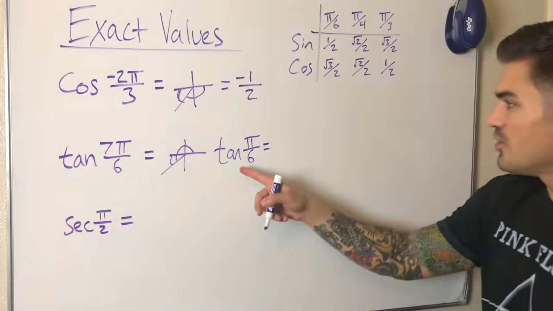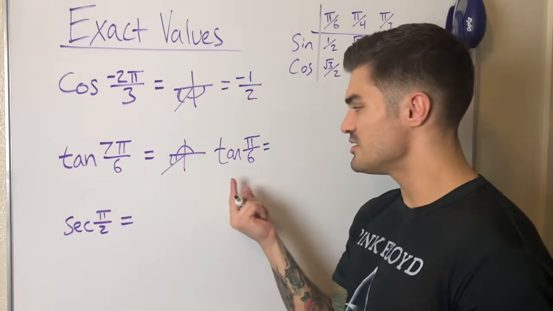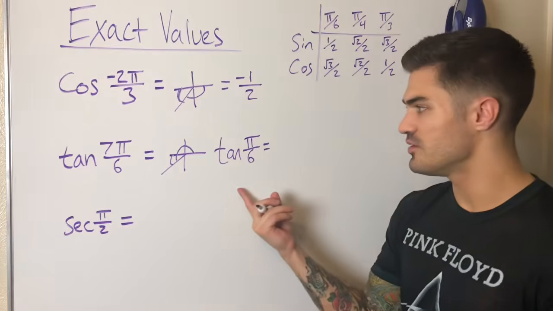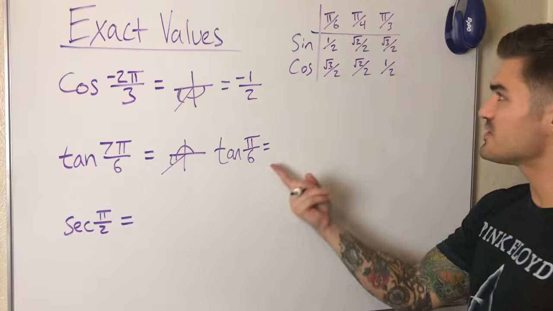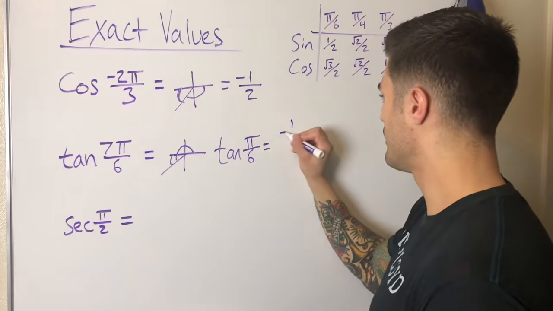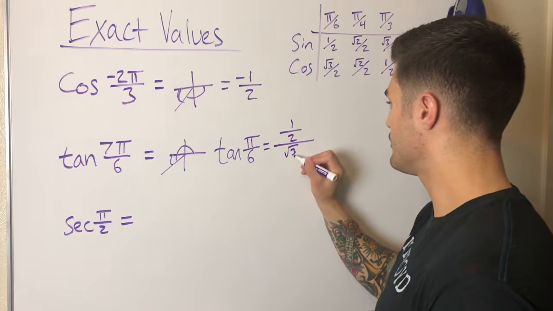We're having to do a little more work now because it's tangent. Tangent of pi over 6, well, that is sine over cosine, right? That's an identity for tangent. Tangent theta equals sine theta over cosine theta. So that's one way we can think of it. So I can write sine of pi over 6 over cosine of pi over 6. Sine of pi over 6, 1/2 over root 3 over 2.